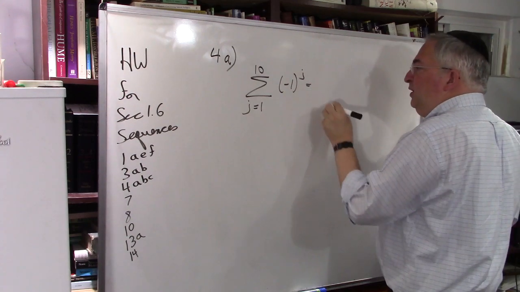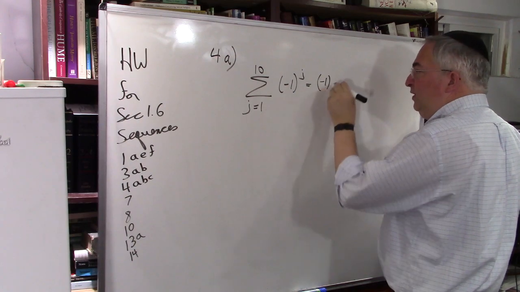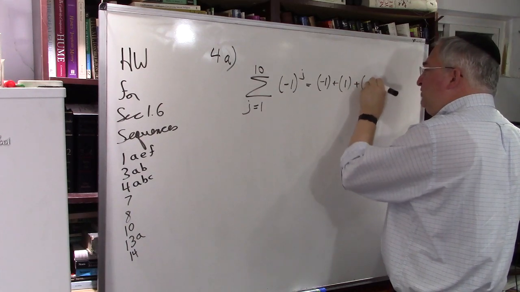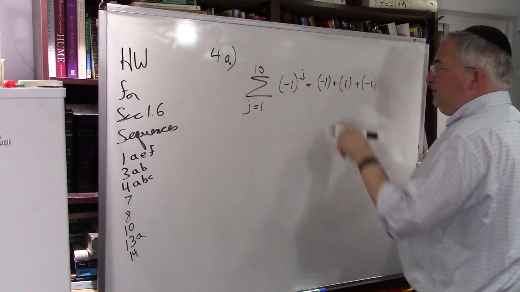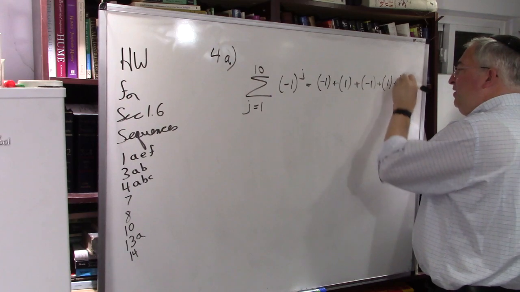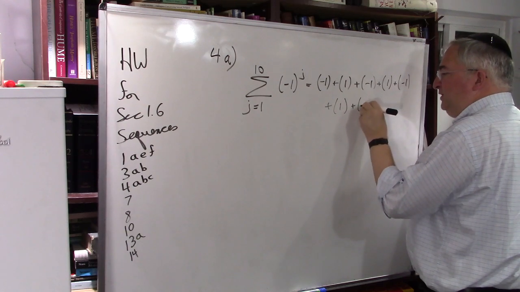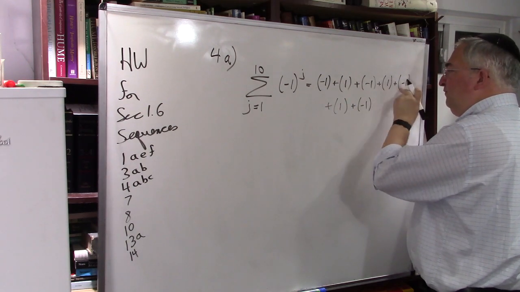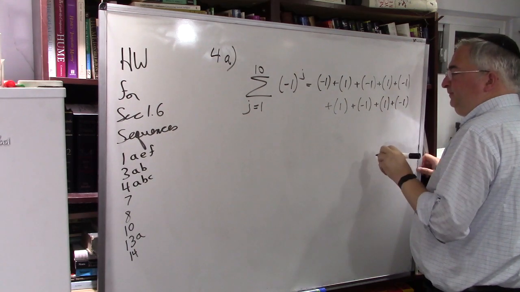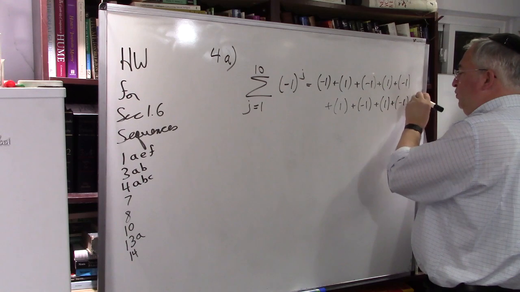This is equal to minus 1, because that's odd, plus 1, because it's even, plus minus 1, plus 1, plus minus 1, plus 1, plus minus 1, plus 1, plus minus 1, plus 1.